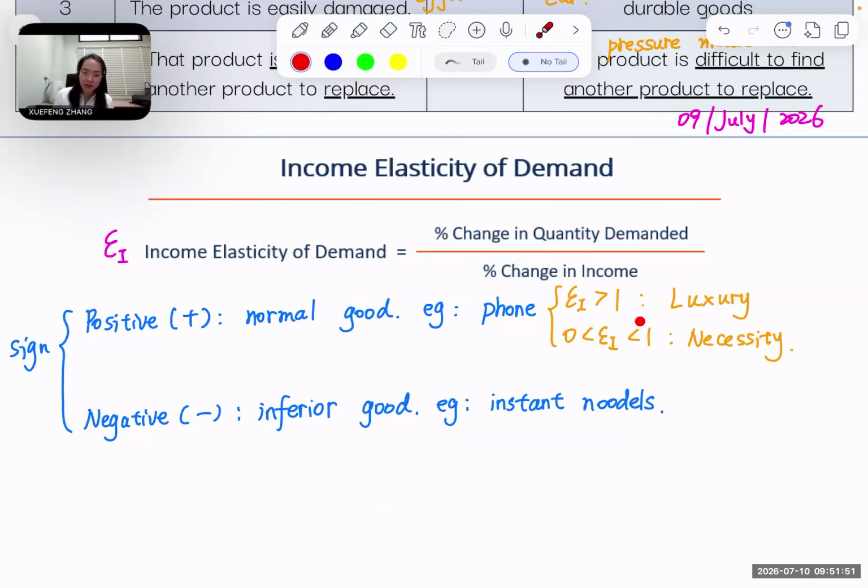If it's greater than 0 but less than 1, it's a necessity, and you barely react to income. So you can show me what you buy more of when you get a rise in your salary. Your behavior reveals everything about you as a consumer.